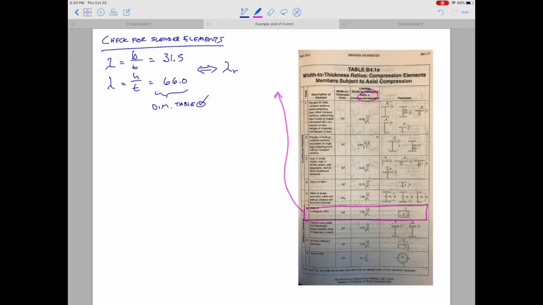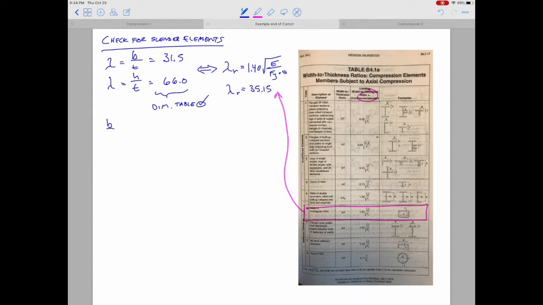So go up here. This is 1.40 square root E over Fy. Fix my E. There we go. Okay, so for 46 KSI, remember this is 46 KSI, this value is 35.15.